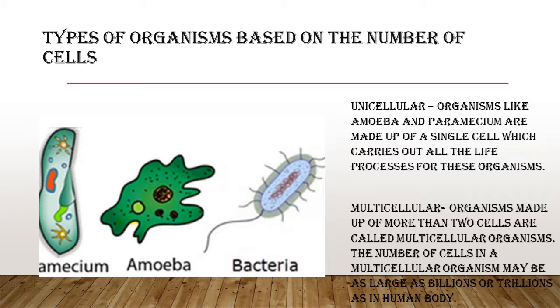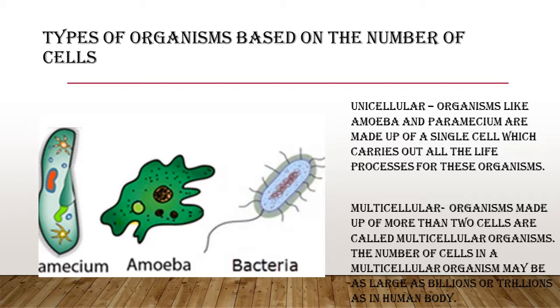Uni stands for one. So unicellular organisms are organisms made up of a single cell, and all the life processes like respiration, digestion, excretion and reproduction will be performed by that single cell only. Examples are paramecium, amoeba and bacteria.